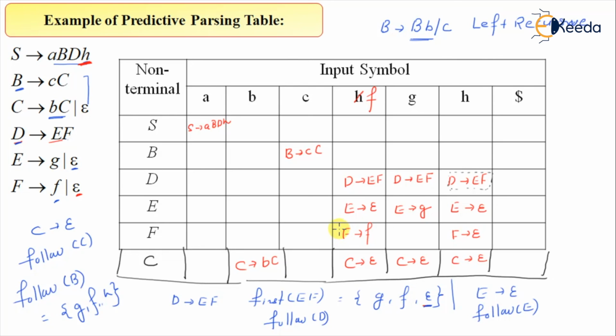With this, I would like to make one statement, and remember it: if the parsing table consists of single entries, the rest of them are errors. I am not writing the error entries over here, but all the remaining cells are error entries.